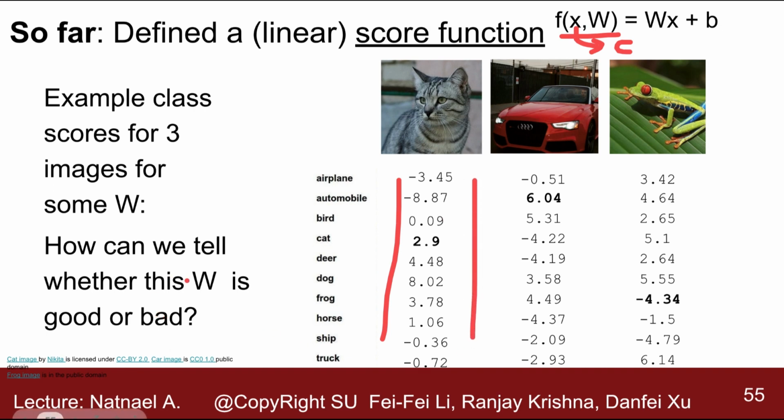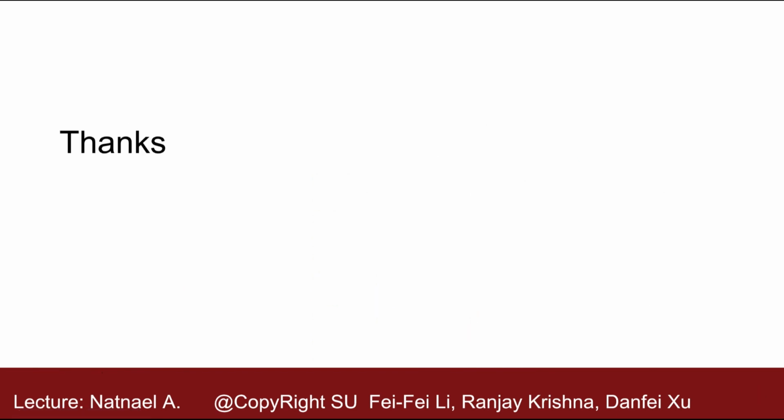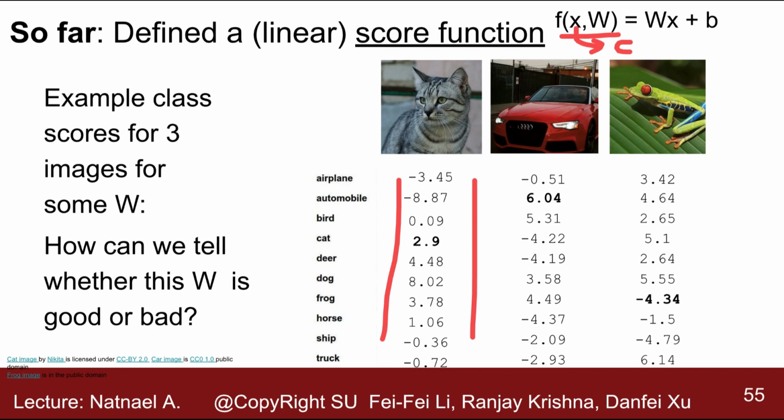So how can we tell whether this W, or weight, is good or bad? That's one question for the next class. We mainly rely on the loss functions, because loss functions contribute a lot to identifying something as good or bad. We might not discuss loss functions in our formal lecture, but I believe you know about different loss functions from your deep learning class, machine learning class, probabilistic graphical modeling class, and computational cognitive science class.